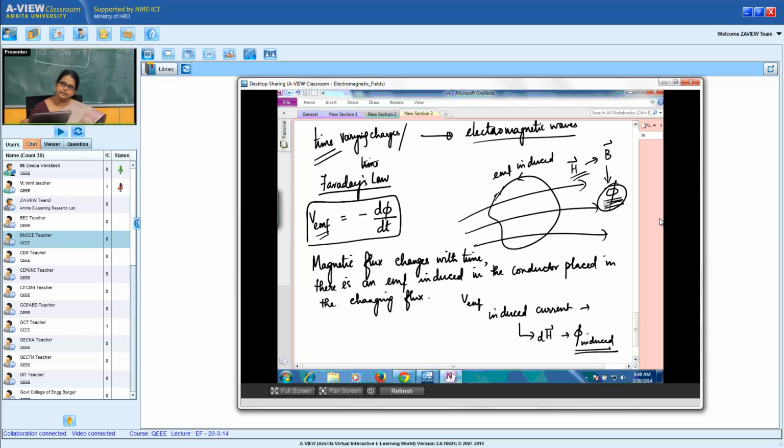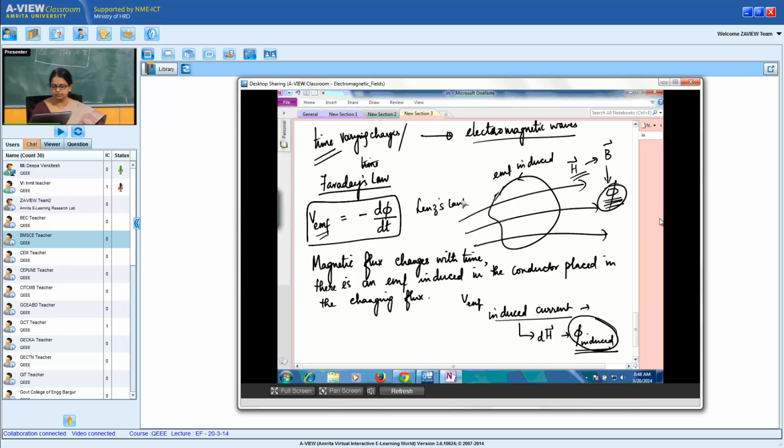So which is why the induced flux is in such a direction, or the EMF induced is in such a direction, that the current produced will produce a flux which will oppose the change. This is your Lenz's law.